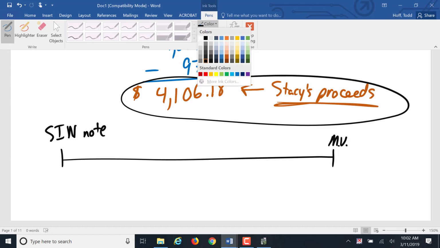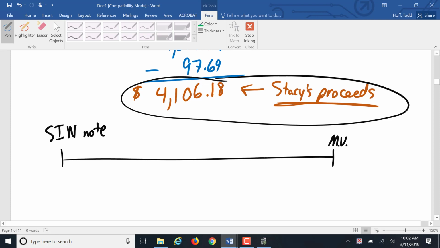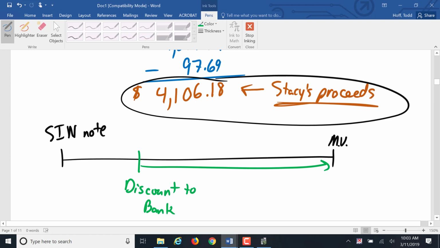What created this discounting process was Stacy needed the money early, or for some reason, Stacy didn't want to hold the note, so she sold the rights to that note to the bank. She discounted it to the bank. So there was a point where she turned it over to the bank. And of course, that remaining period, that discount note, went from that point to what the original maturity date would have been.